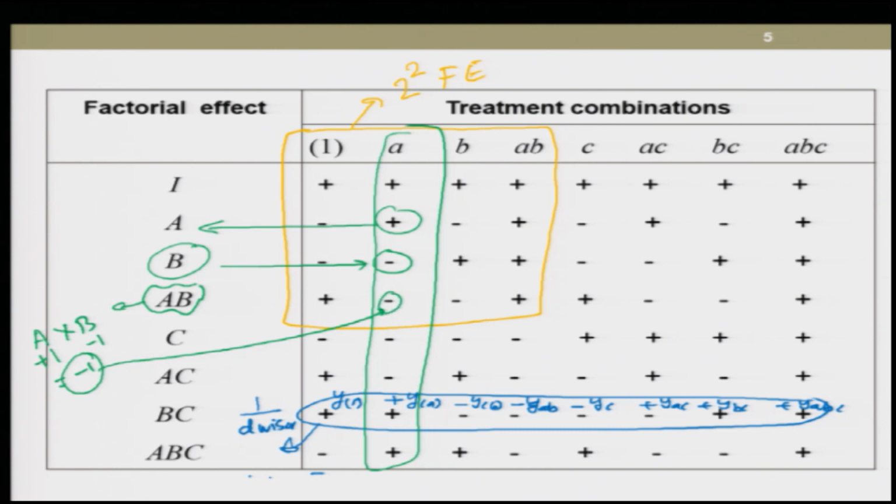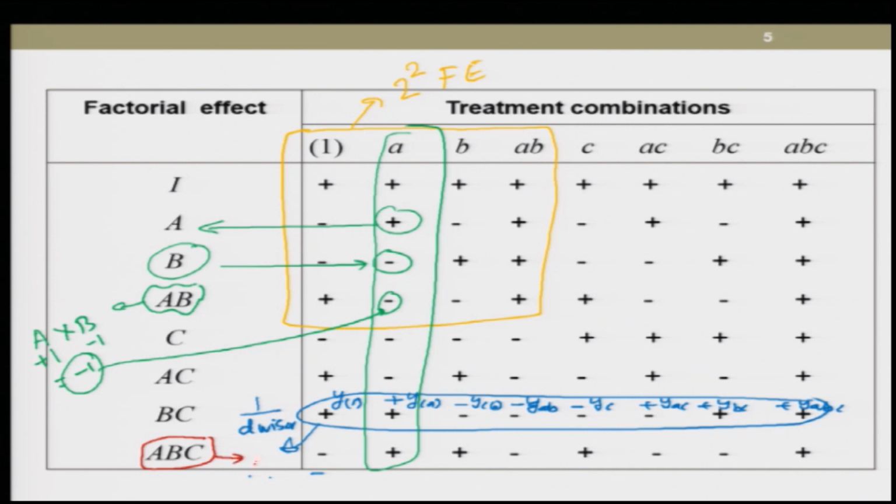Right. Now similarly, in case I want to find the sign of ABC in this column A. ABC can be written in several ways.